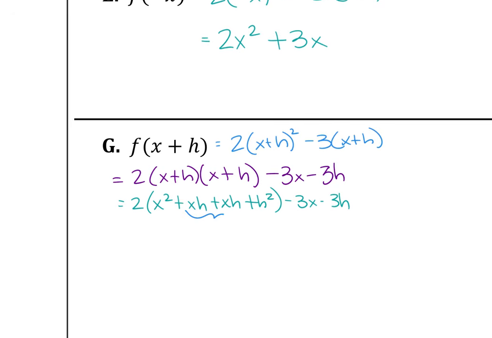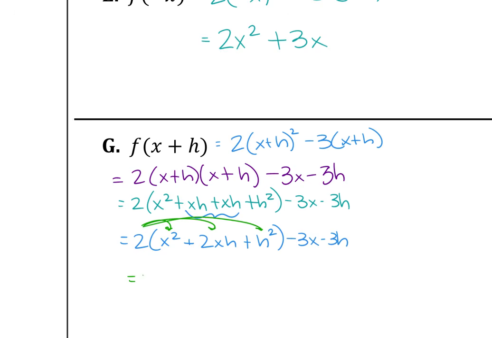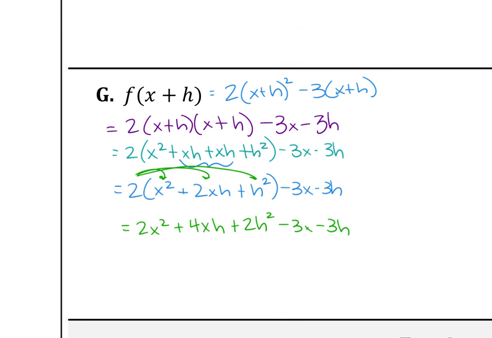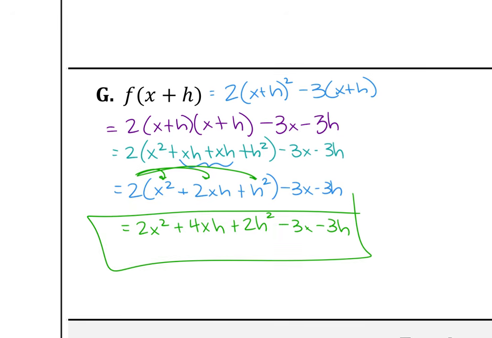Combine like terms. 2 times (x squared plus 2xh plus h squared) minus 3x minus 3h, and distribute. So 2x squared plus 4xh plus 2h squared minus 3x minus 3h. No like terms from here, so that is the answer.